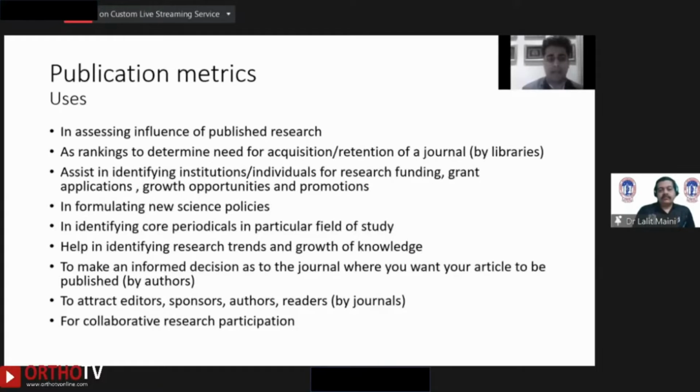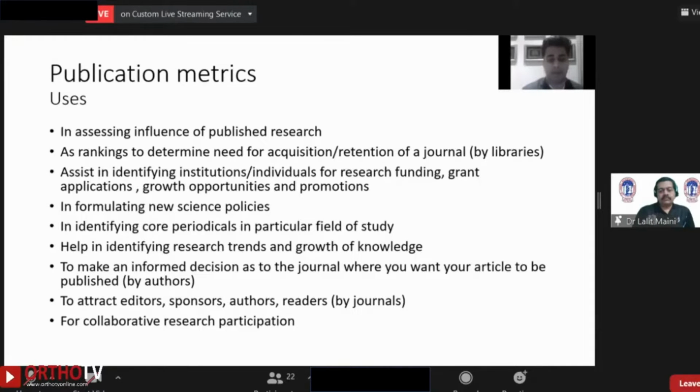So the uses really is to assess the influence of this published research. How really effective is your research? Also, you can use it to rank journals, to rank different authors, different scientific organizations according to their journals, to assist in identifying institutions and individuals for research funding, for grant applications, for growth opportunities, for promotions.